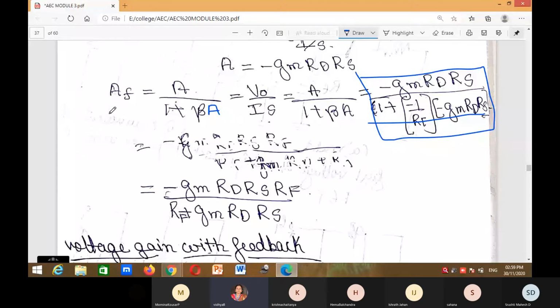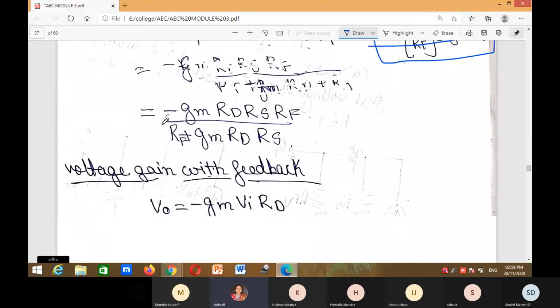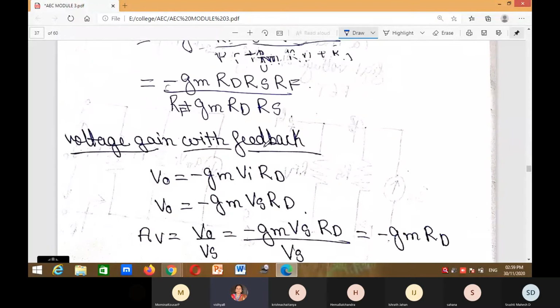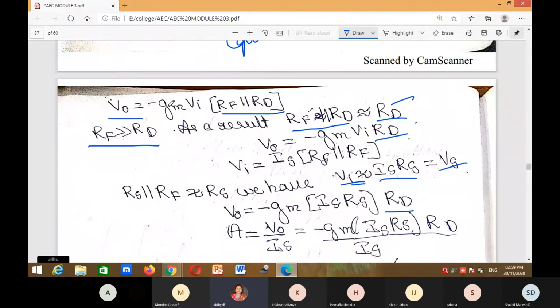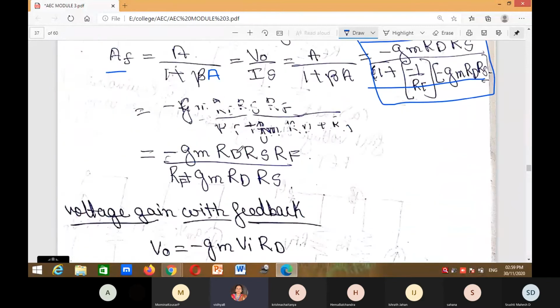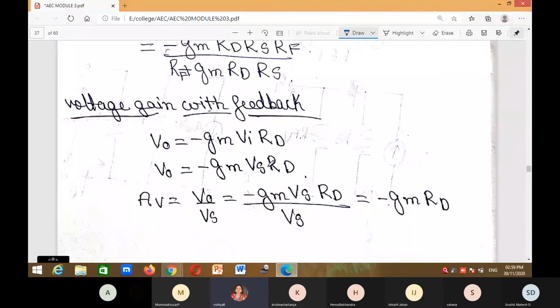Okay, this is the gain with the feedback. Voltage gain with the feedback. V0 is equal to minus gm into Vi into Rd. V0 is equal to what we have written before, minus gm into Vi into, we have written Rf parallel Rd, which is nothing but Rd only.